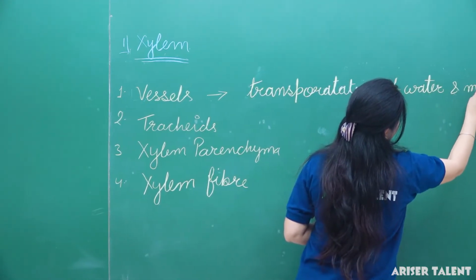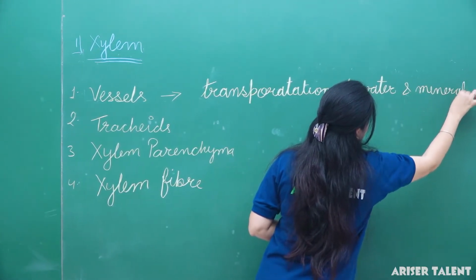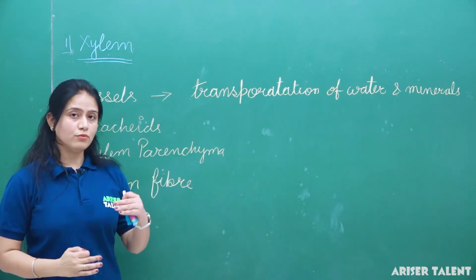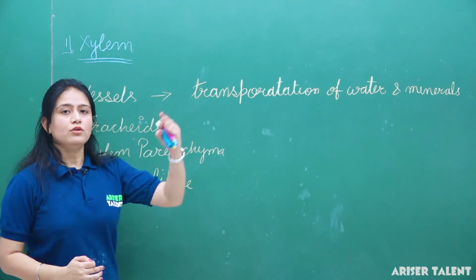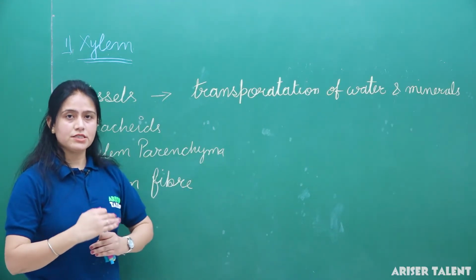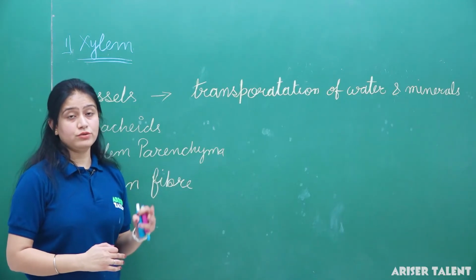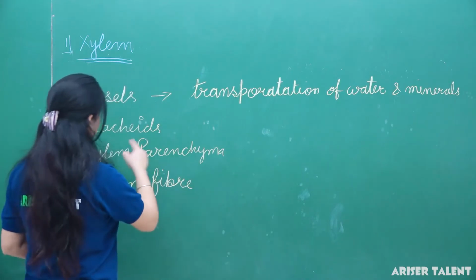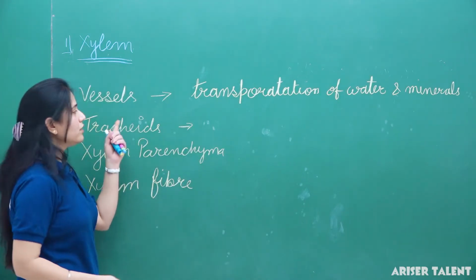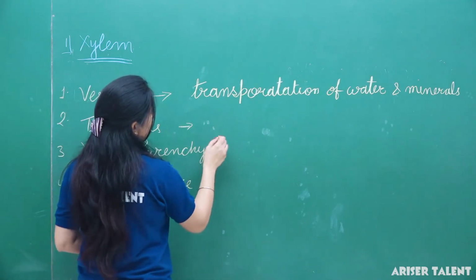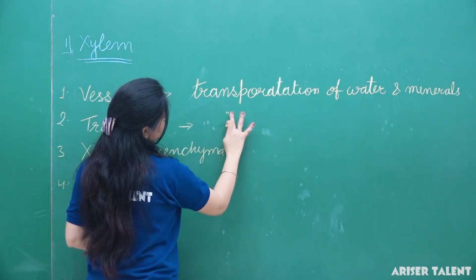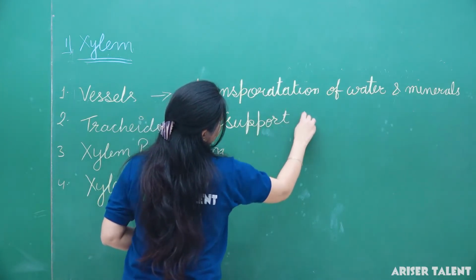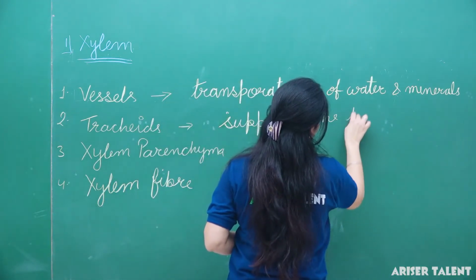As I told you, xylem takes water and minerals from root to the leaf, so it is a one way direction, taking the water upward. Tracheids are found next to the vessels and help to give support to the plant.